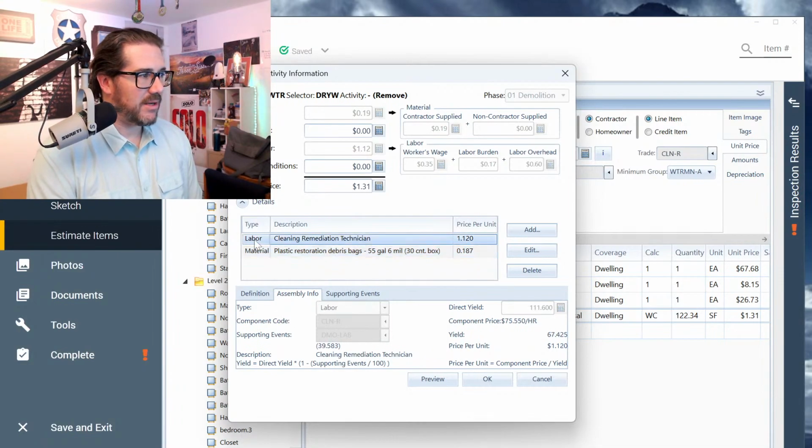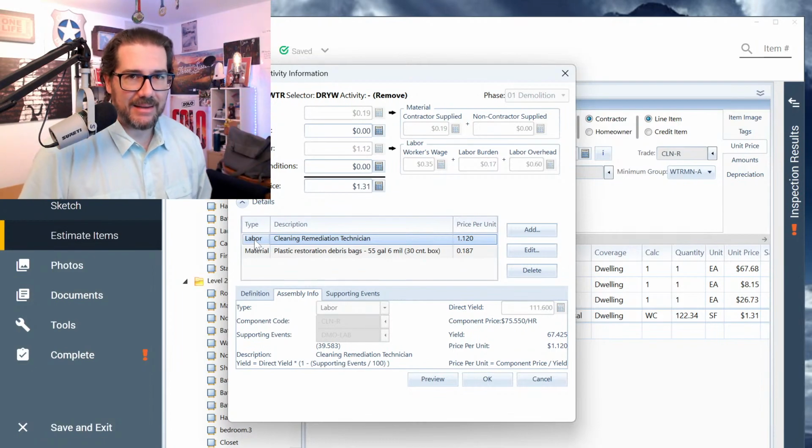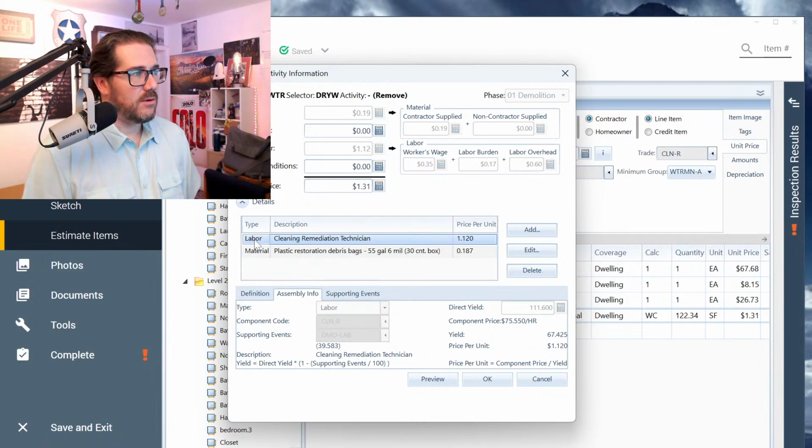Well, the same thing applies for labor. Your cost for labor, your retail labor rate, if you go out and hire a roofer or a plumber or something like that, or in this instance, a water damage technician off the street, your labor rate is going to be, maybe I should pull up a different one to be more realistic.